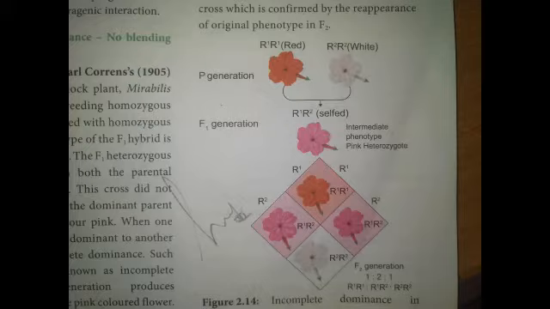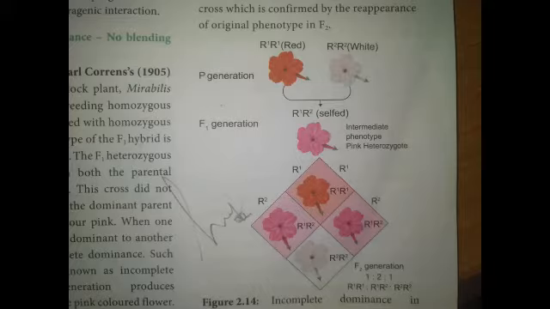If blending had taken place, the original pure parents, that is red and white, would have disappeared and only pink flowers would be produced. So it is clear that Mendel's particulate inheritance takes place in this case, which is confirmed by the reappearance of the original phenotype in the F2 generation.